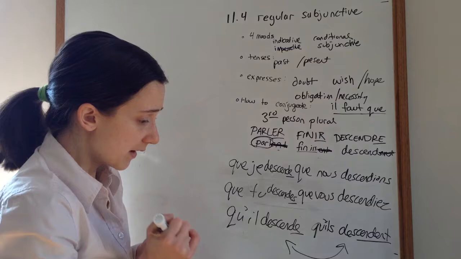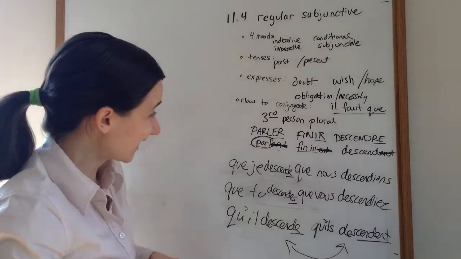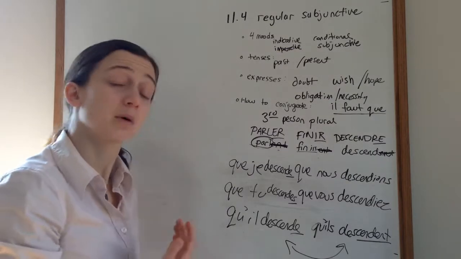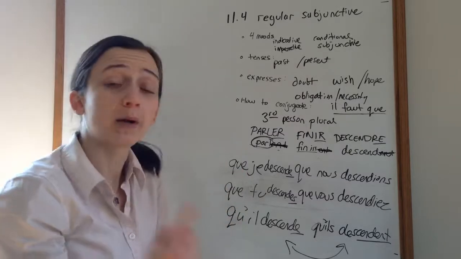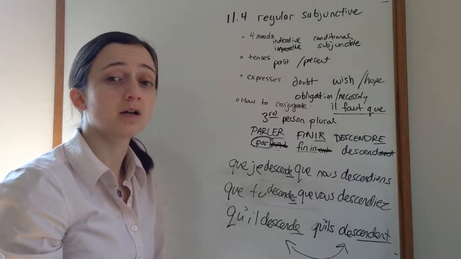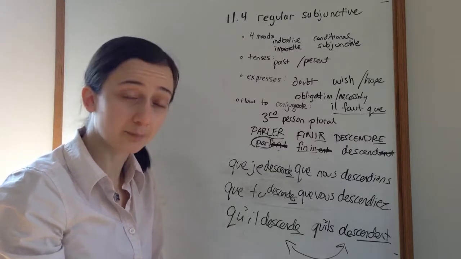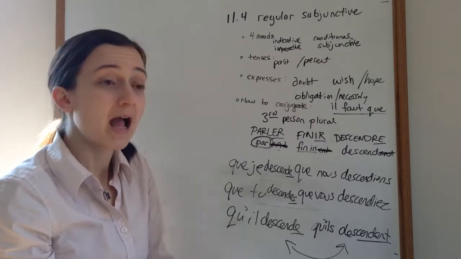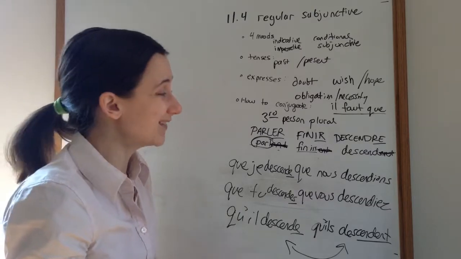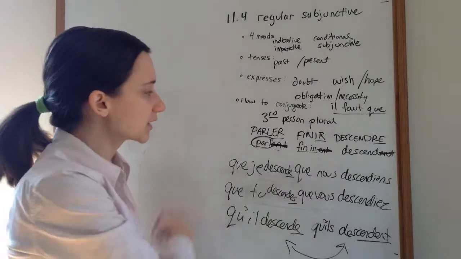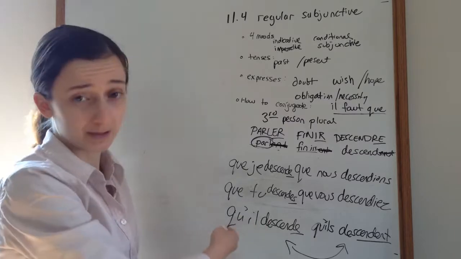So, basically, that's it. You'll have some irregular verbs that we learned as irregular, like partir. Remember, je pars, tu pars, il part, partons, partez, partent. And so that P-A-R-S was very strange. But now, even though that's irregular, it's going to act pretty regular in the subjunctive.